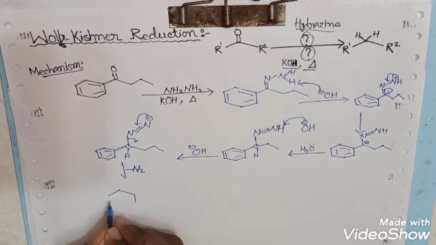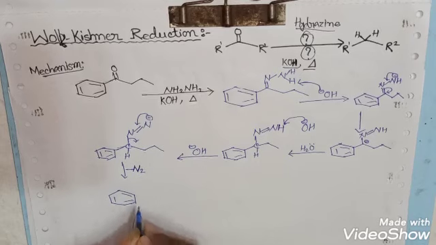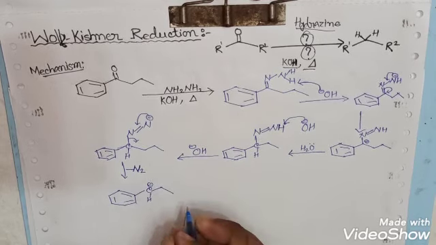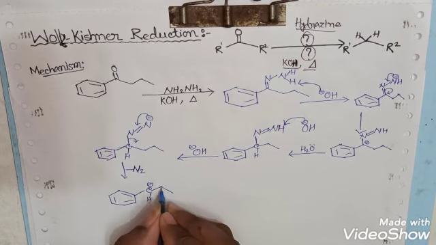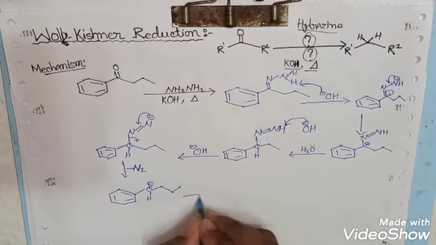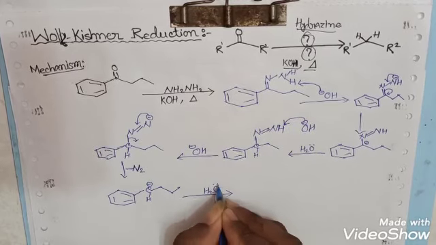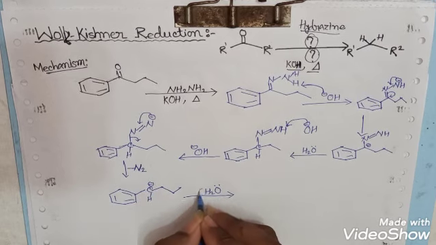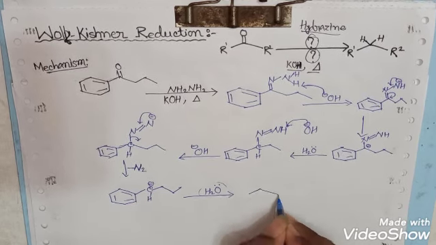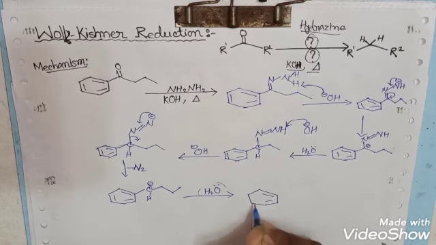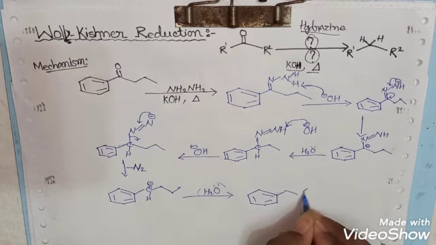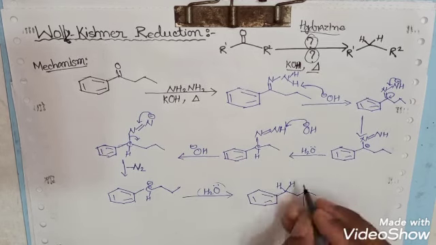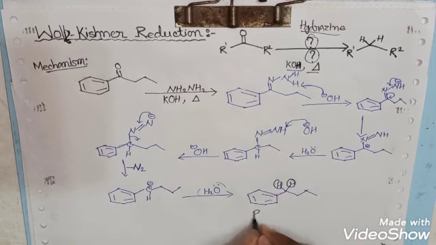So now our compound will be like this. And again, like the previous step, it will be protonated with the help of a water molecule, and finally the compound has been reduced.